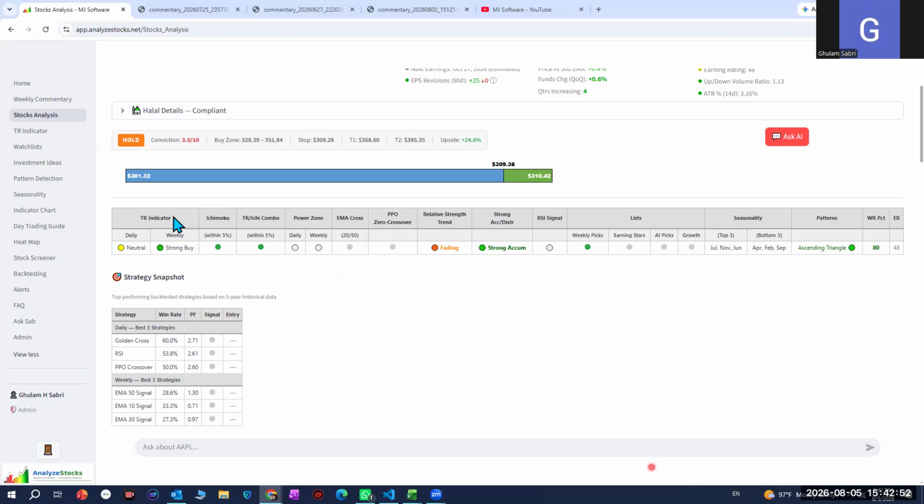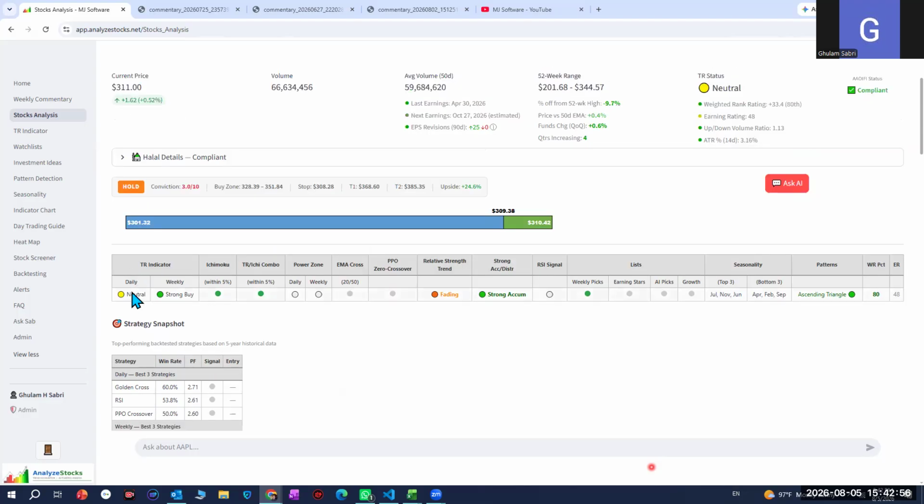For example, what is the position of the TR indicator? As we mentioned here, it was neutral for the daily time frame, but it's still strong on the weekly. Its decline is not so strong because it will take a few weeks to change it to a strong buy, to buy or neutral. But it is important that its relative strength is fading, although it is still being accumulated by Wall Street this round.